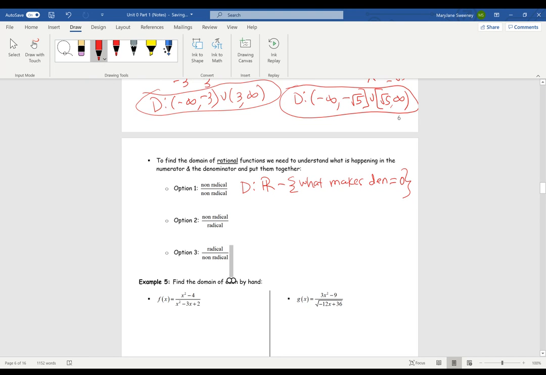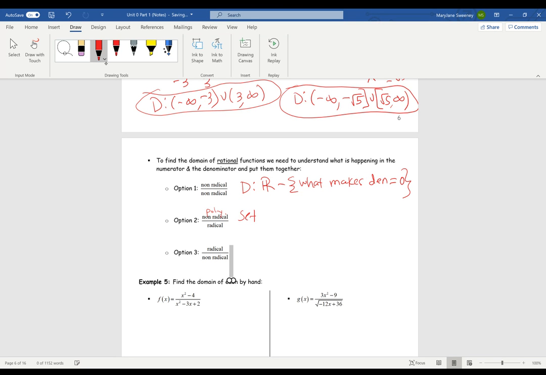Now, if we have option 2, we have a non-radical in the top, but a radical in the denominator. So this is more like saying a polynomial in the top, but a radical in the bottom.